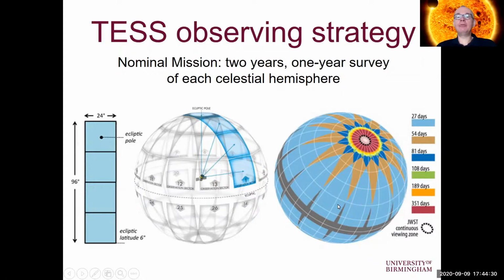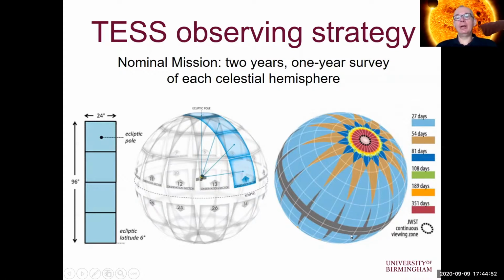And then stars that are close to the ecliptic plane, so for example, stars that are observed by this camera, the camera observing closest to the ecliptic, are ones that only ever fall within the field of view of that camera at that time, and they only ever get 27 days of data.